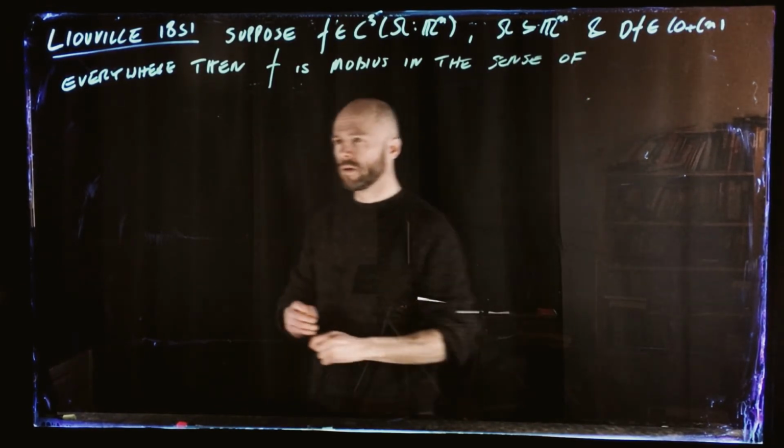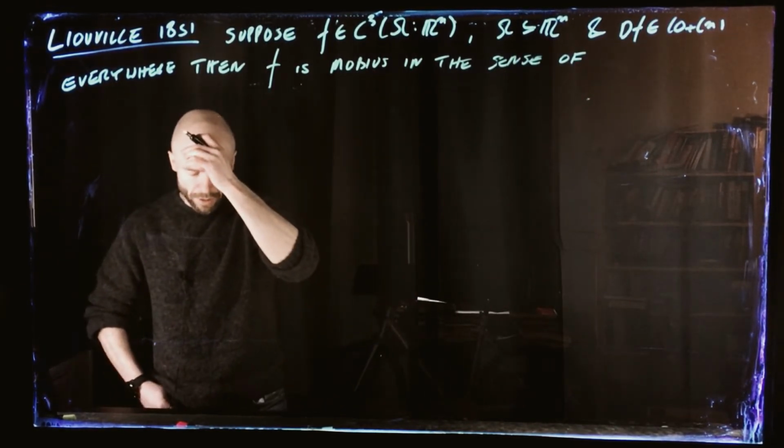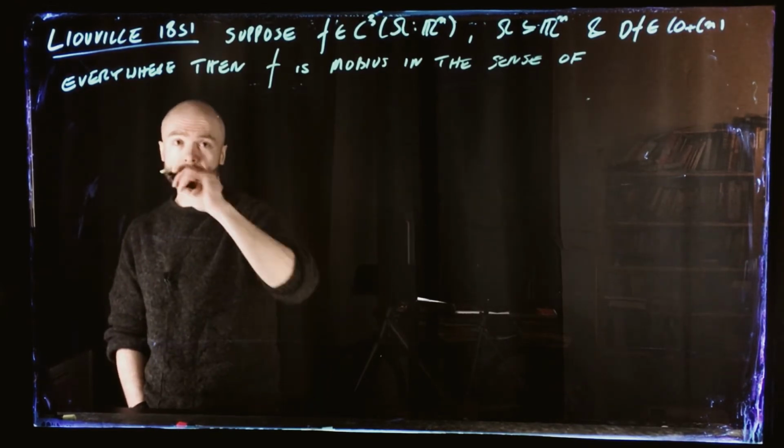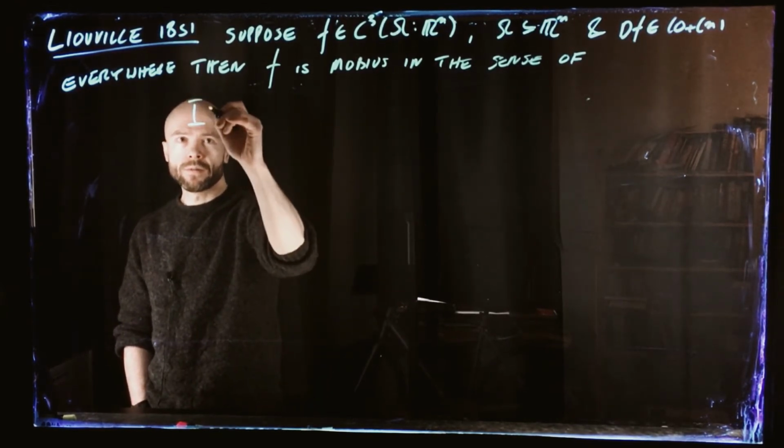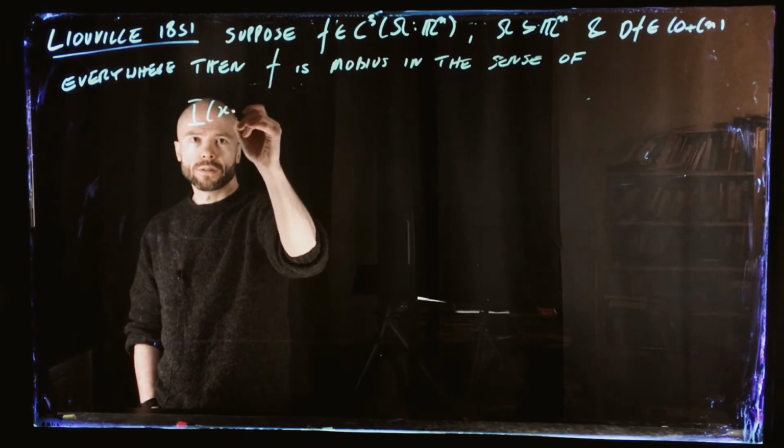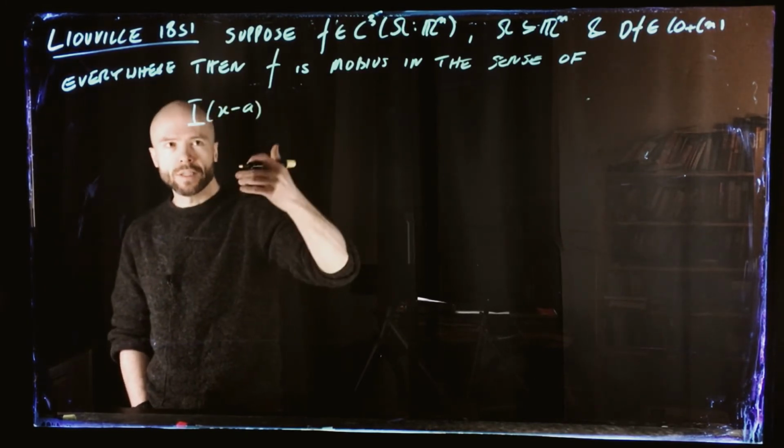I'm going to write it down, and then I'm going to explain the pieces. So we are going to have the inversion map, which inverts things through the surface of the sphere.